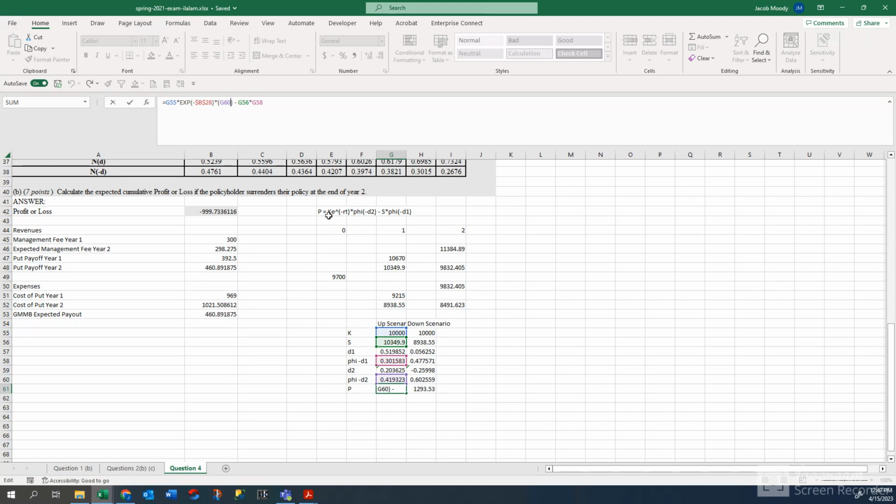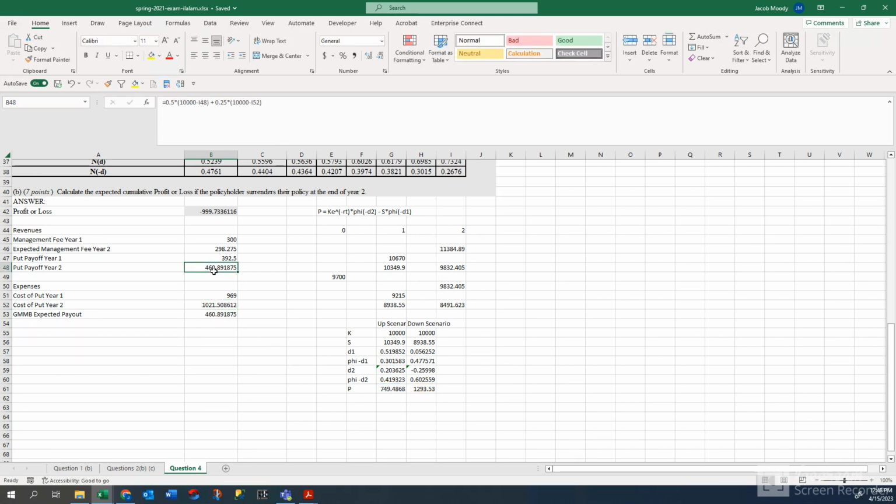This formula is just based off of this equation up here. For my payoff for year 2, I just did the expected value, so there's the payoff right there. But the cost is the average of these two right there. And so there's the cost.